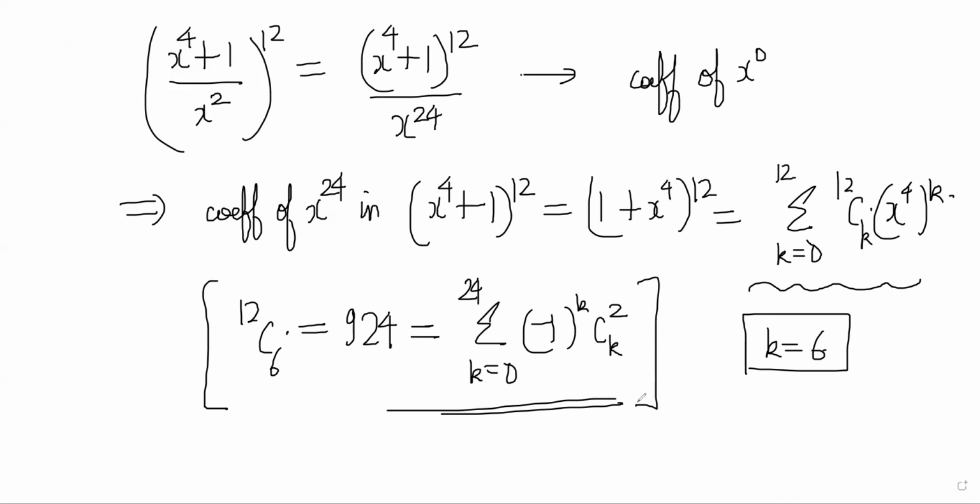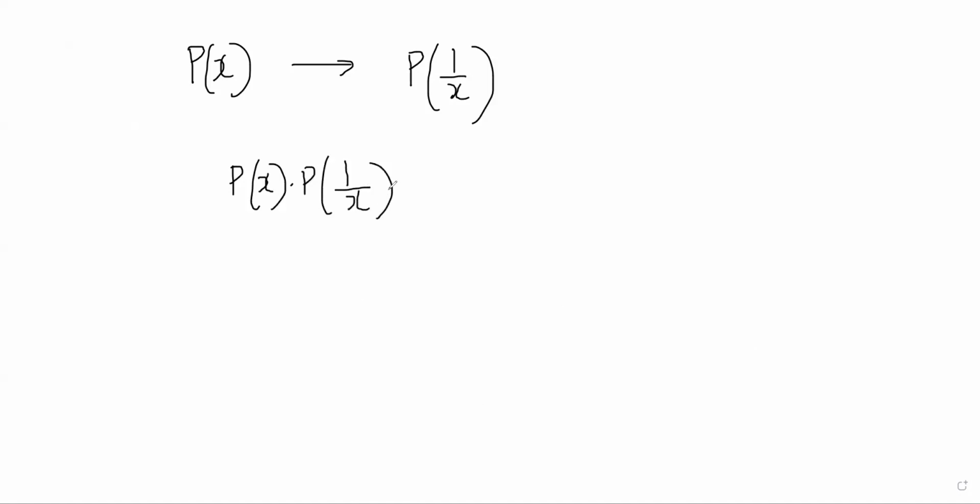The key step here was to do the transformation x to minus 1 by x. Remember in the previous question, when we tried to find the sum of squares of coefficients, we took p of x and transformed it to p of 1 by x, and then we multiplied p of x into p of 1 by x, right?